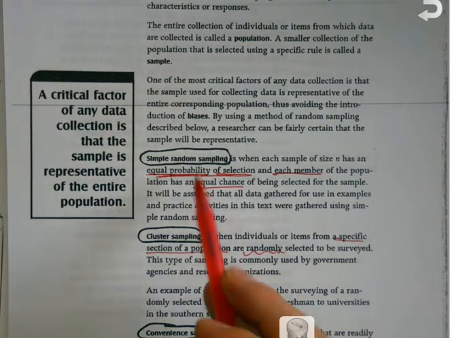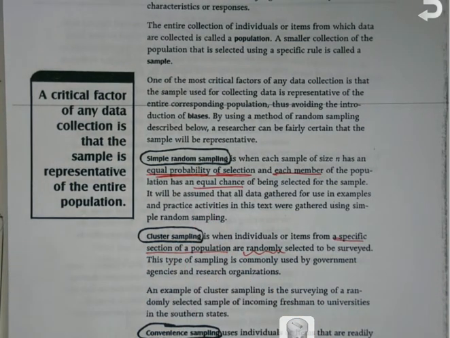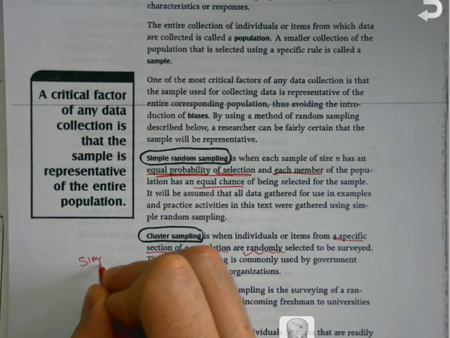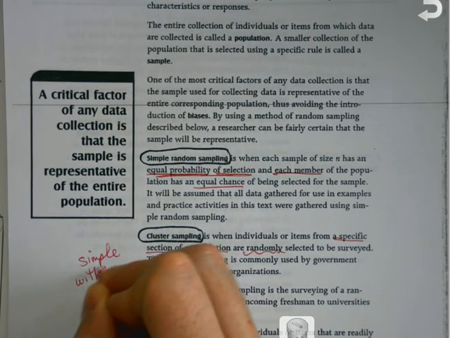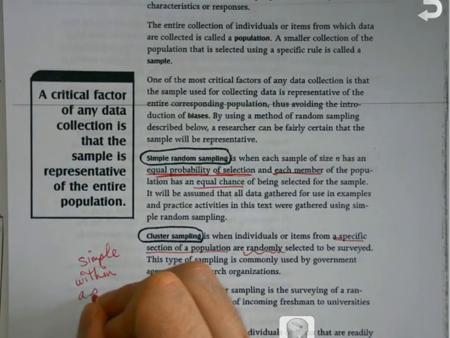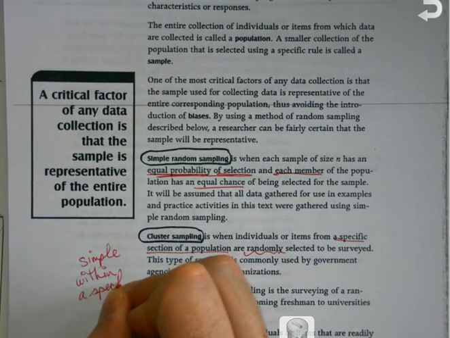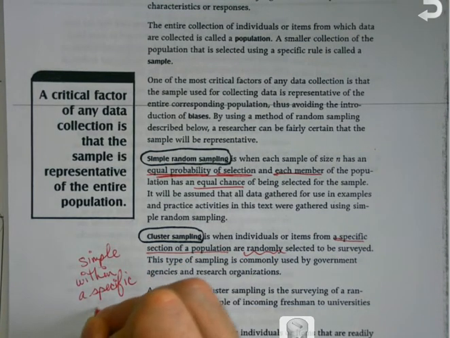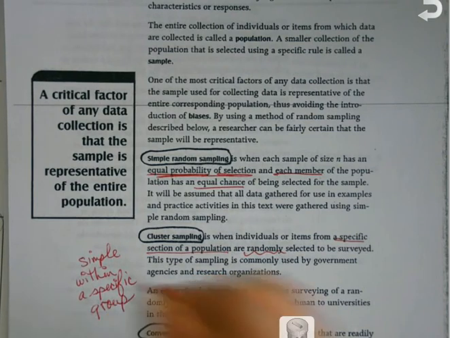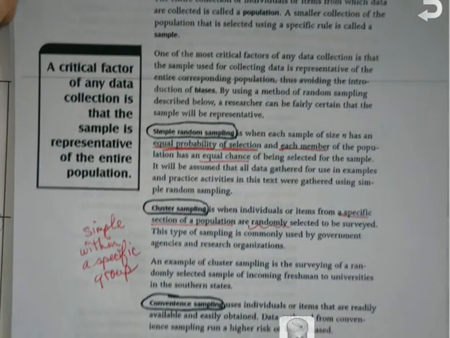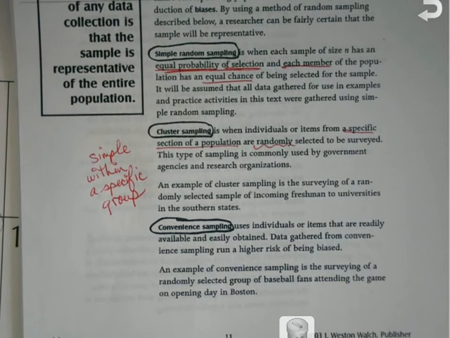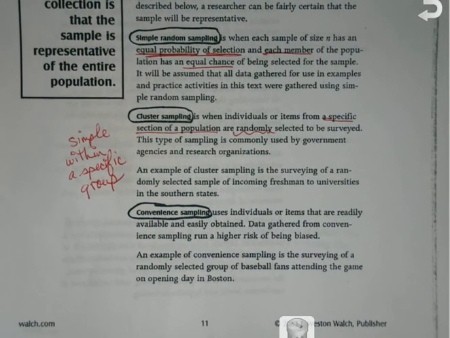So it's sort of like the simple random sampling, but within a particular group. I guess that's what we'll kind of call it here. So simple random within a specific group. So it's a little more narrowed down as far as who may get selected.